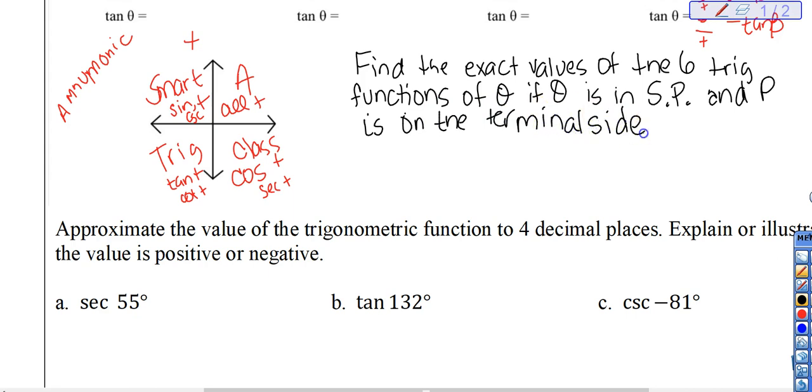And I'm going to give you a value. P is at (-3, -4).